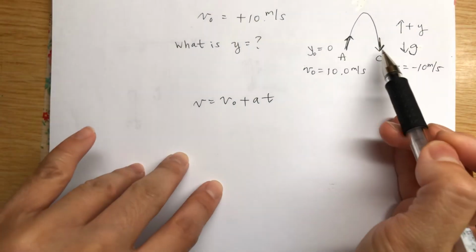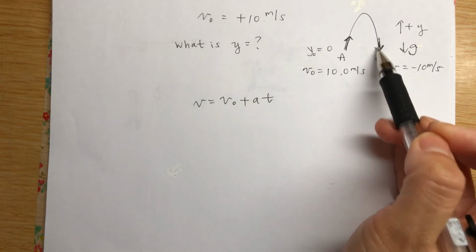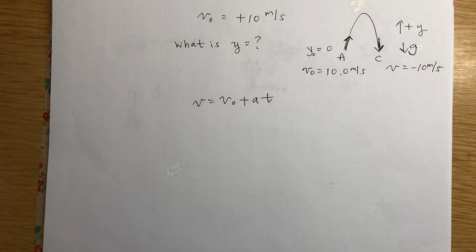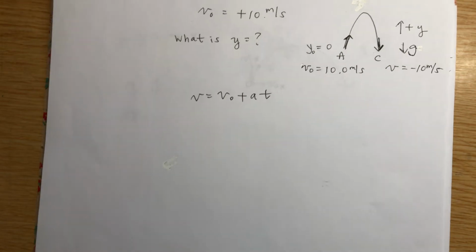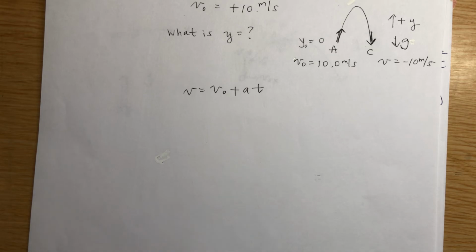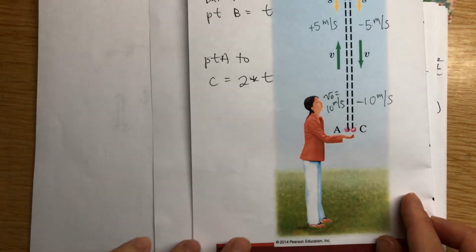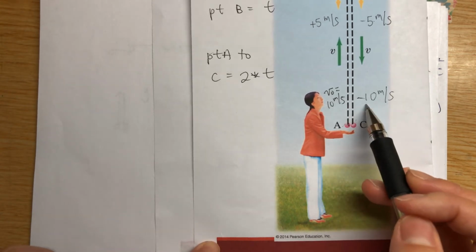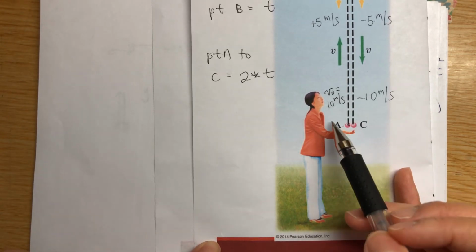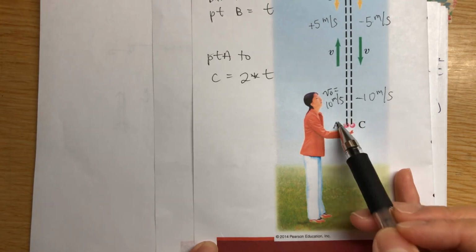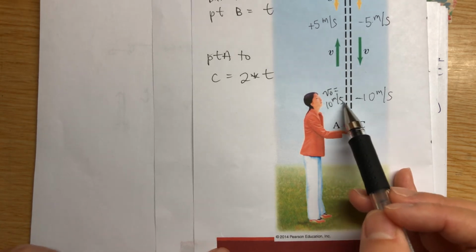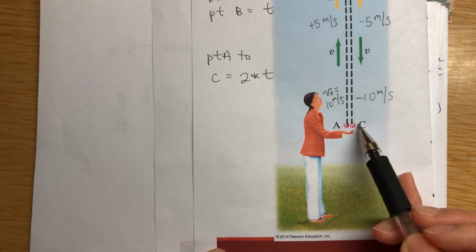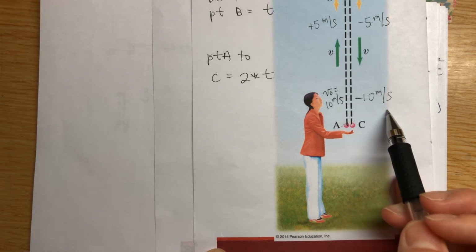So what is this velocity when it goes back to the woman's hand? Remember that I told you that at the same height, it's just going to be equal and opposite signs. So if it's initially 10 meters per second up, then down at the same height, at C, it's going to be negative 10 meters per second.